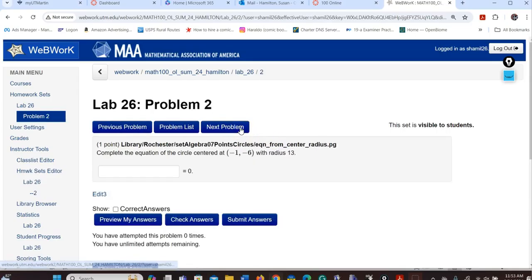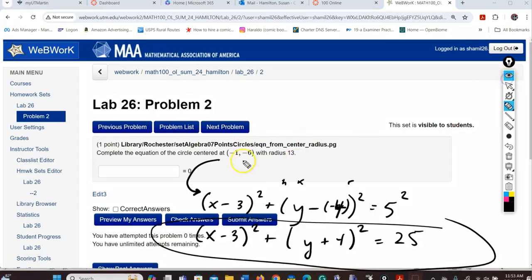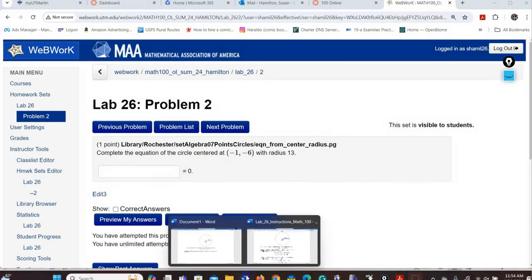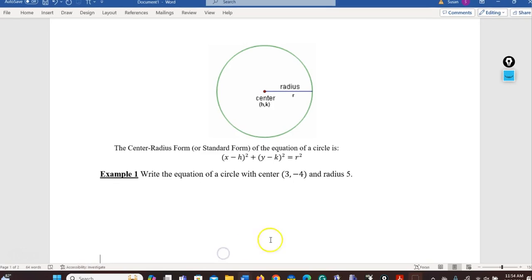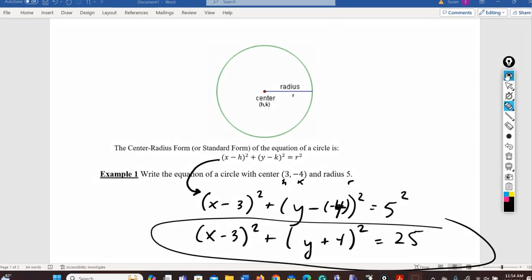Okay, so yes. Notice that over here in this WebWork problem number 2, it has equals 0. So let me go back to this problem so I can make that equal to 0.